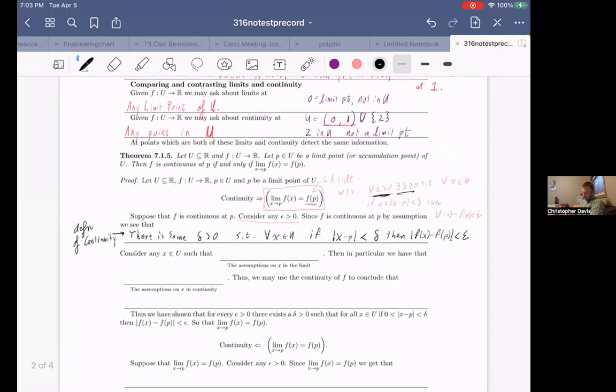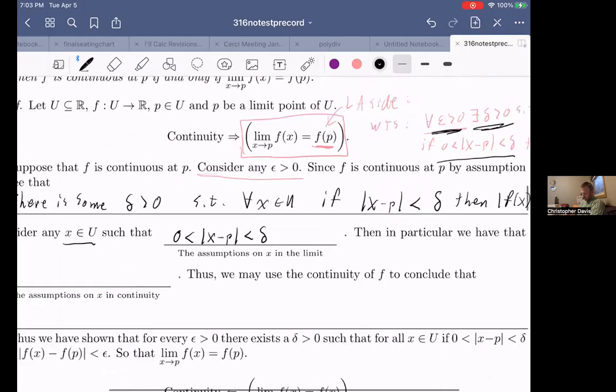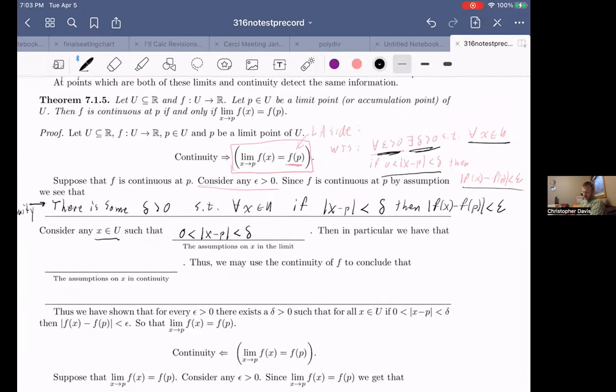All right, so I've just come up with my positive number delta. Now I need to consider any x in U, check, and I get to assume this. All right. I need to conclude this. Well, there's a fairly straightforward thing to do. Since I know this, that's like two inequalities must be true.